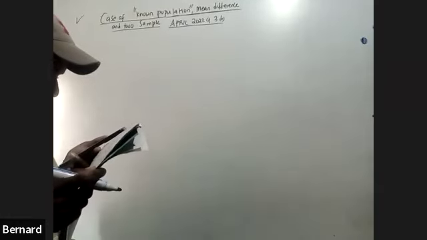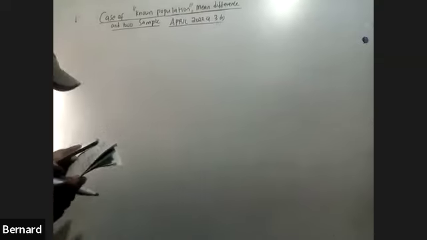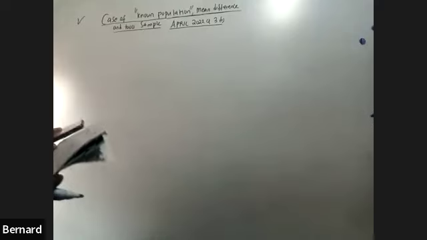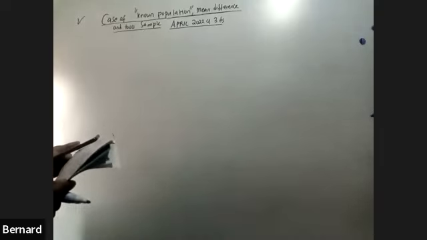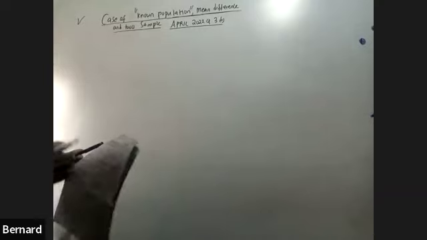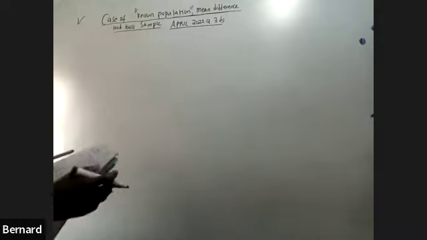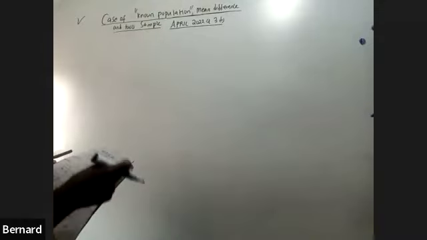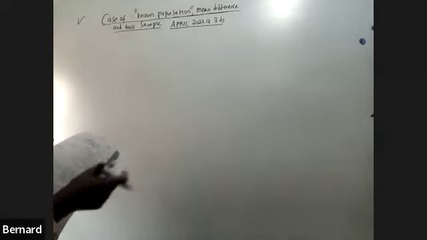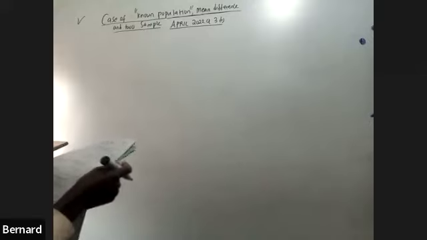The sample size is 200, more than 30, and therefore we are supposed to use the Z statistics. So in most cases, when the sample size is more than 30, then the population is known.